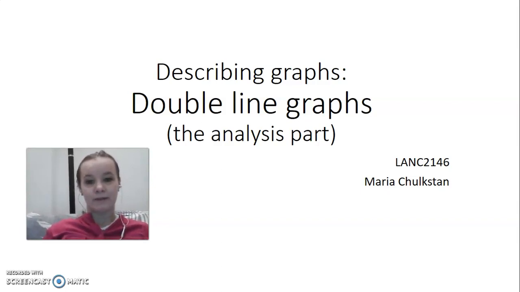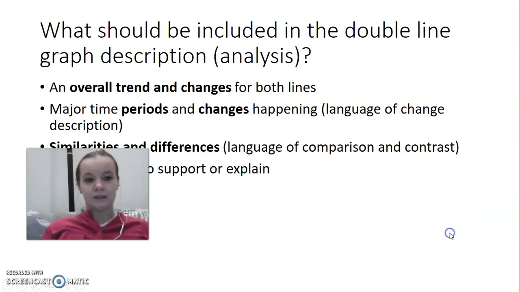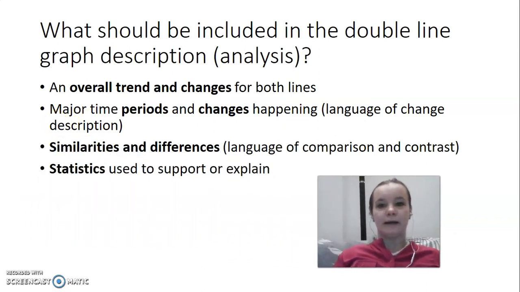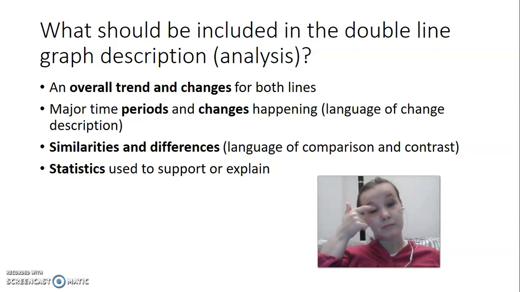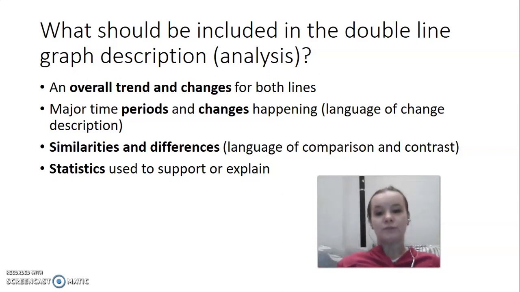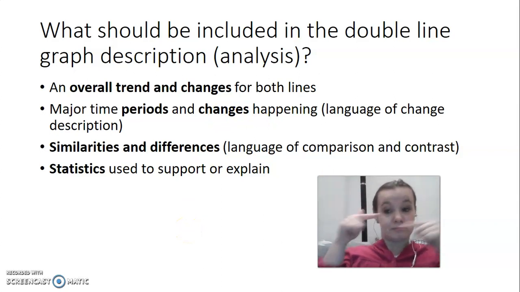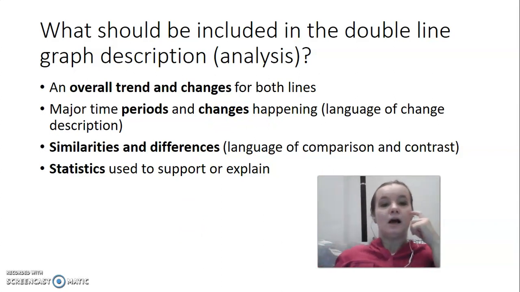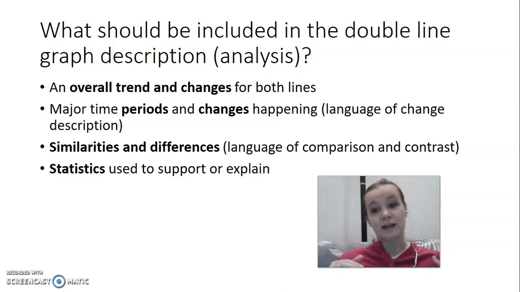So, what are we having today? Okay, so what should be included in the double line graph description analysis part? First of all, a double line graph has two lines, right? So you need to talk about the overall trend and changes in both lines. Then you need to talk about major time periods and changes happening.